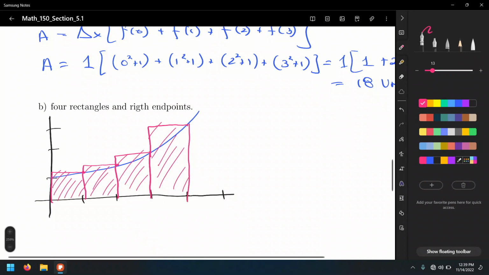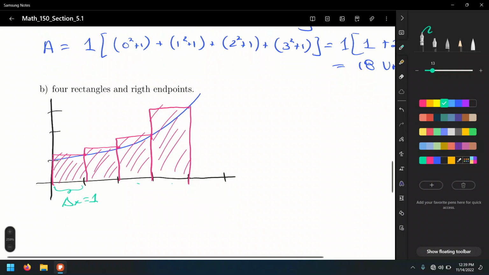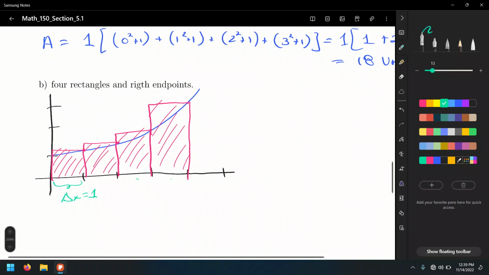What do we need to calculate this time? Well, again, these delta x's are 1 unit, alright? That's the base of the rectangle, and it's the same for all rectangles, even though visually it's not a perfect picture, but that's how we're partitioning these rectangles. But in this case, to find the heights of the rectangle, we need to evaluate f of 1, f of 2, f of 3, and f of 4.